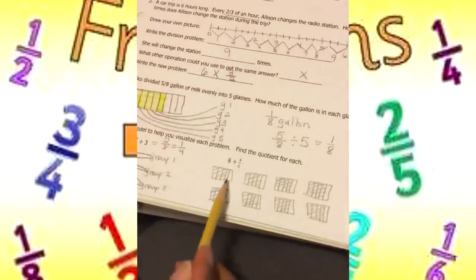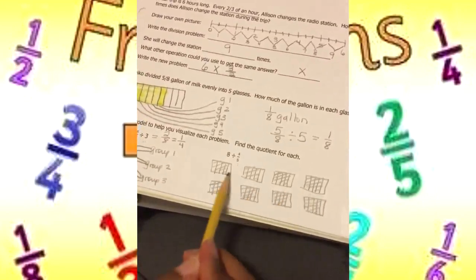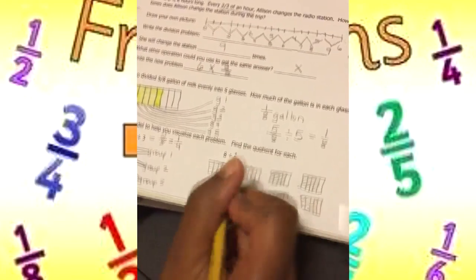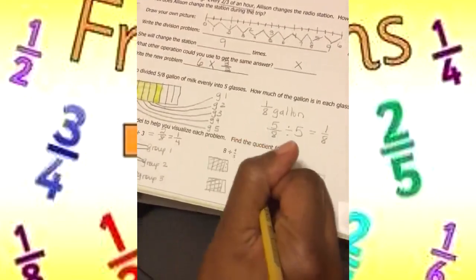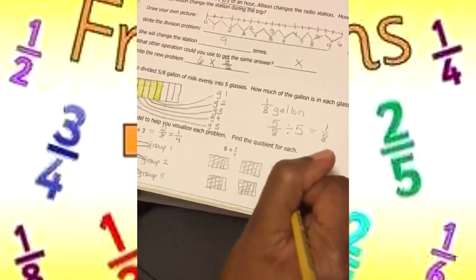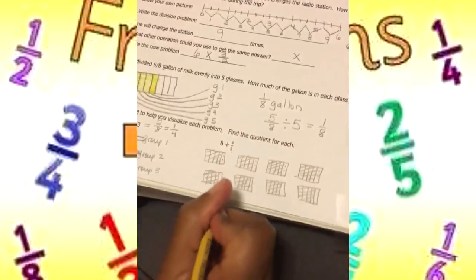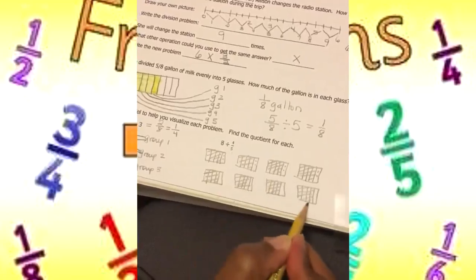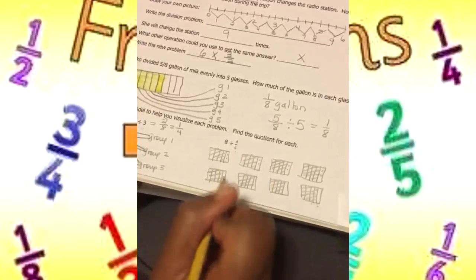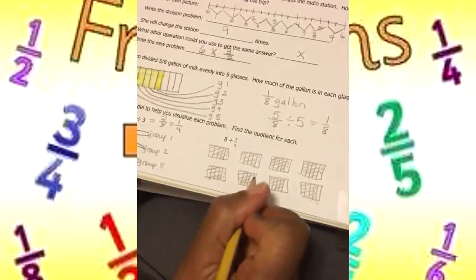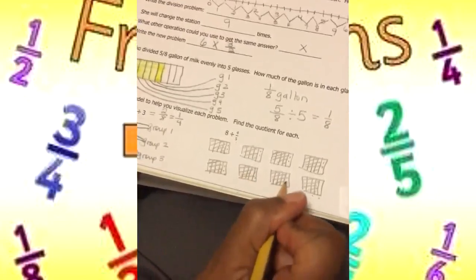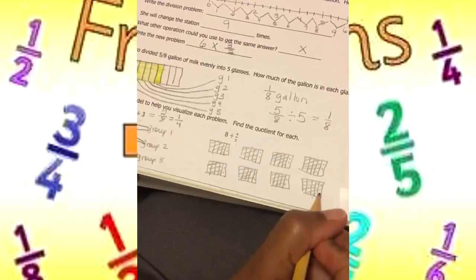All right, but I can't forget that these fifths, they can combine to make 4/5 as well. So here's 1, 2, 3, 4 that I can combine together. So I'll put those as dots. And then over here, 1, 2, 3, 4, they can combine also to make another group of 4/5. So I'll put those together.